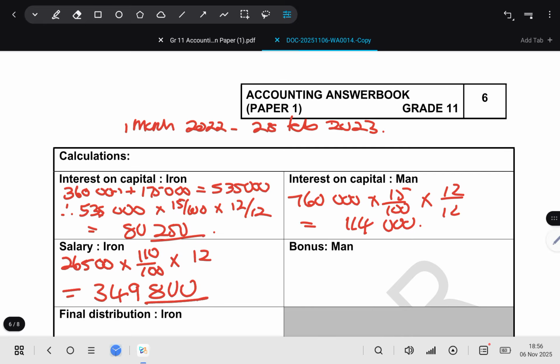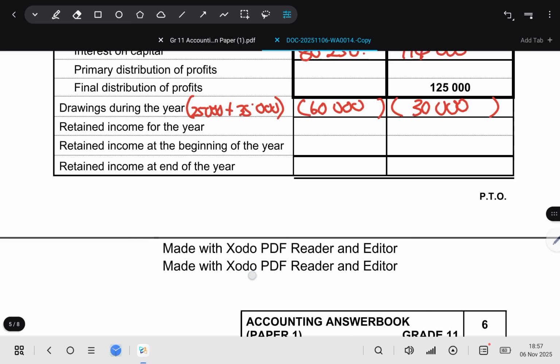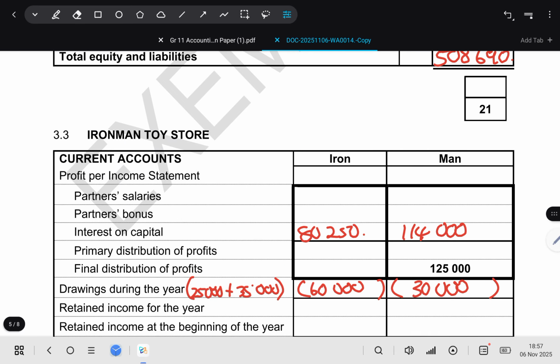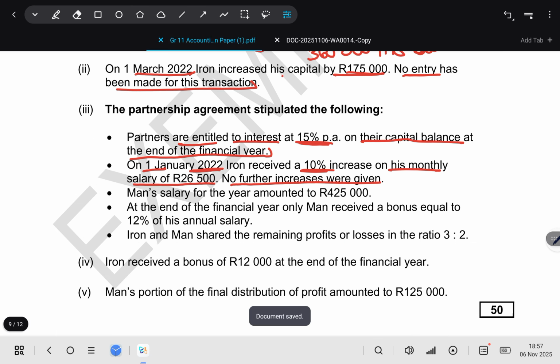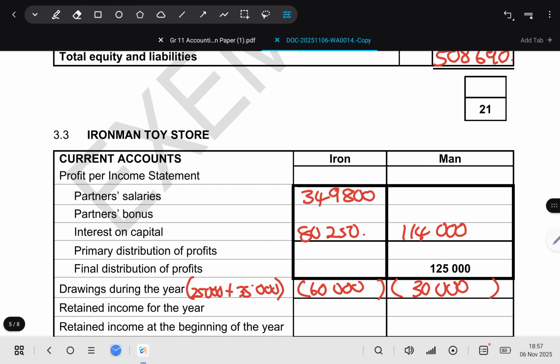So for Ion's salary, we are going to have 349,800 under salary. And then let's see what they're saying about men. So about men, they're saying that men's salary for the year amounted to 425,000. So on men's salary, we're going to write 425,000.